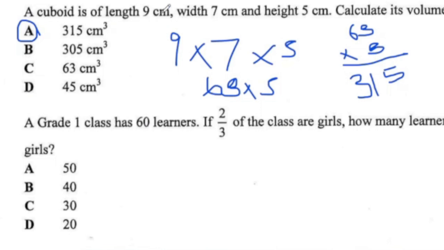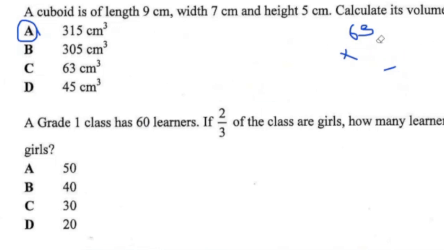Because we're multiplying centimeter times centimeter times centimeter, which are 3 centimeters, and we're going to come up with the centimeter cubic. Okay, so sorry for that. This is not the first time I'm doing this. I did this even earlier on where I took 3 to be 5, and this time I'm taking 5 to be 3. So sorry for that. Let's go to the next question, which is 50.